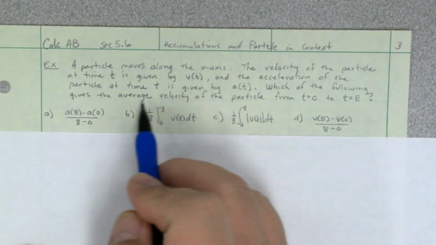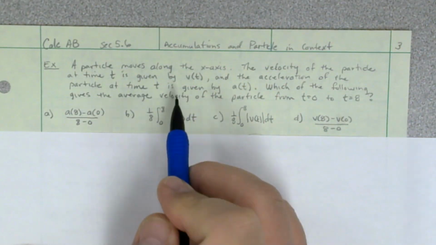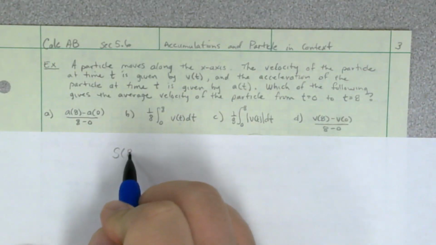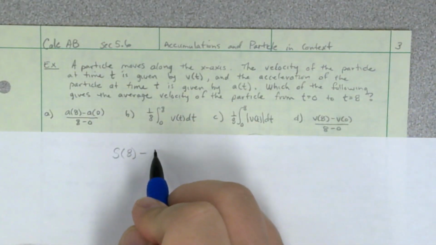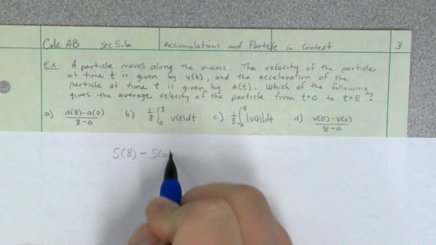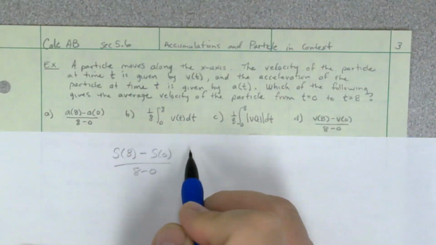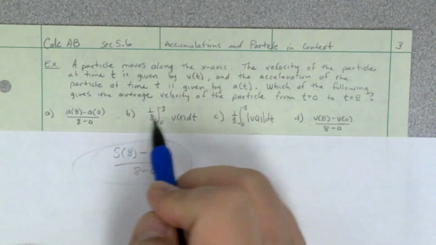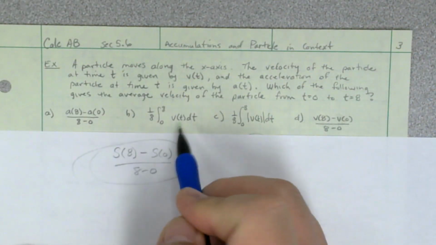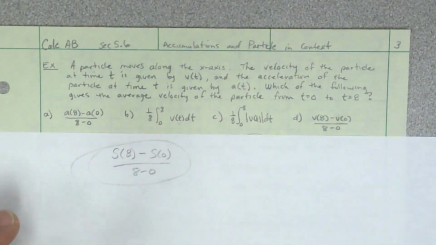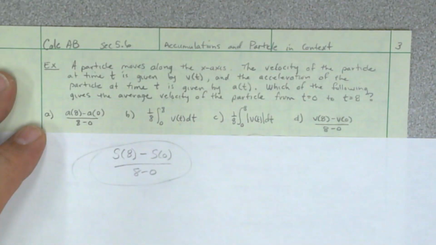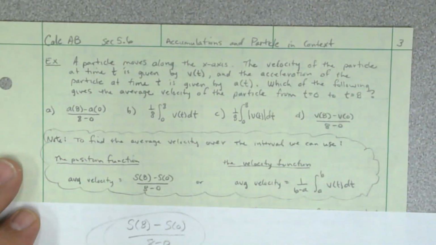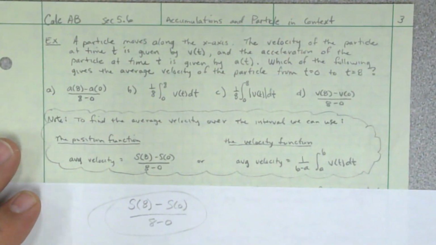So the average velocity in a difference quotient would require us to have the position function, not these. Okay? This is the average, 8 minus 0. This would be the average velocity based off the position function. This is the average velocity based off of the velocity function. They produce the same answer, okay? But you need to know when to use which one. And so that's what I have written down here. Okay? So that's a very important way to help you distinguish which one to use.